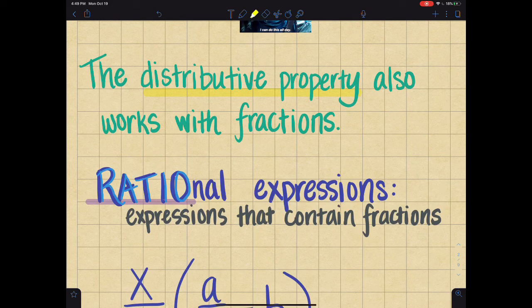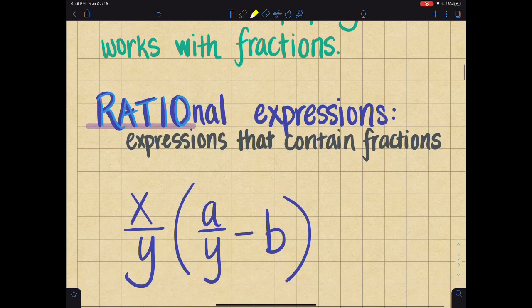And just one other thing to point out: rational expressions, remember at the very beginning, the title said the distributive property of rational expressions. Well, rational expressions just means that it has a fraction in it. The way I remember that, just look at this word. It says ratio. So a ratio is kind of like a fraction, right?